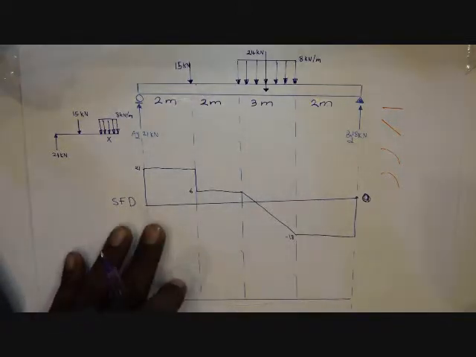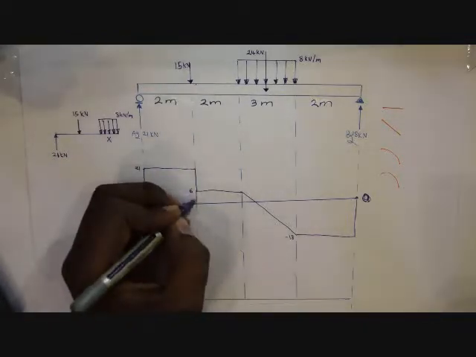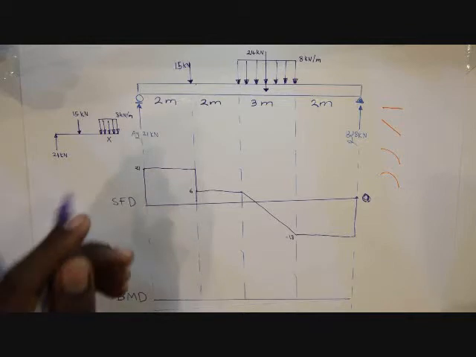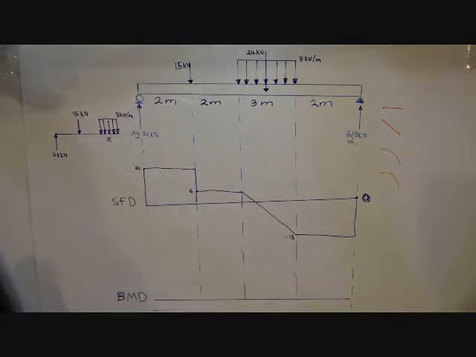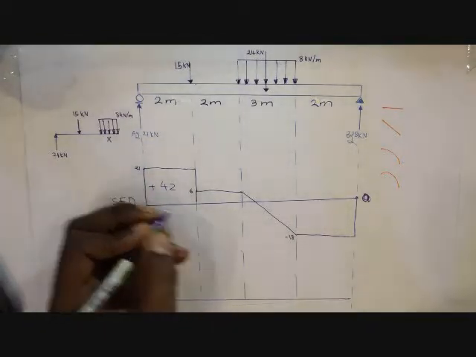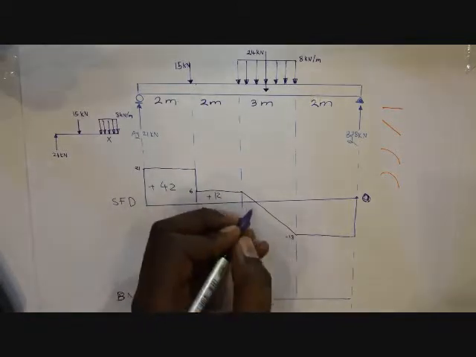Now before we draw the bending moment diagram, it's important to calculate the areas. The area of the rectangle here is very easy: 21 times 2, base times the height. 21 times 2 is going to be 42 positive, and here 6 times 2, 12 positive.